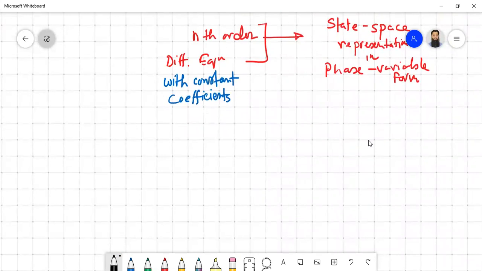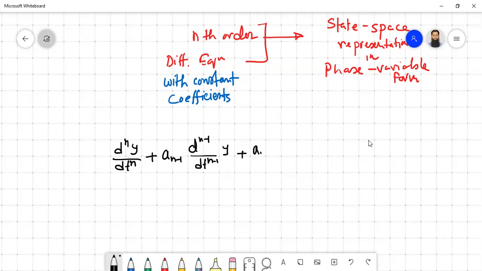Now say we have an nth order differential equation, something like this: d^n y by dt^n plus a_{n-1} d^{n-1} y by dt^{n-1} plus a_{n-2} d^{n-2} y by dt^{n-2}, and so on, finally a1 dy by dt plus a0 y equal to b0 u.